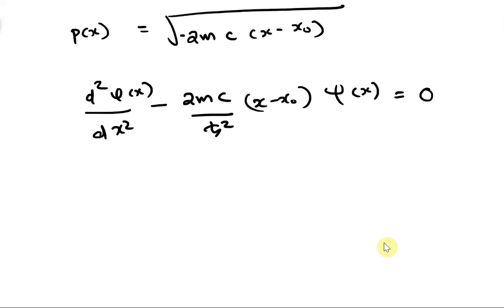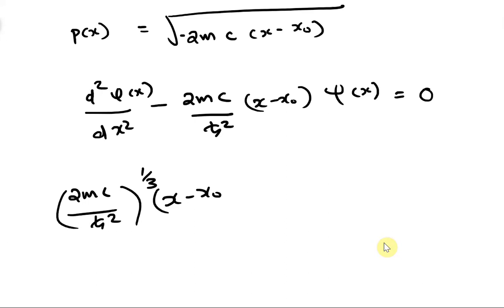So for doing that, I'm going to put a substitution here. That substitution is 2mc divided by h cross square, whole to the power 1/3, into x minus x naught. I'm going to call this quantity y. Now I have to find d square by dy square and substitute that value here.